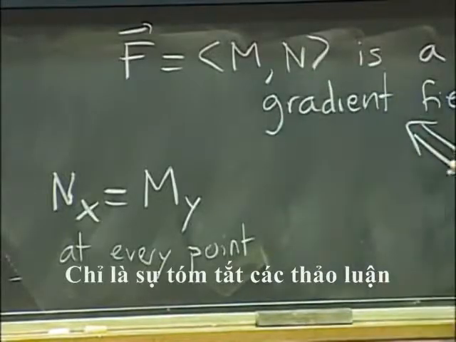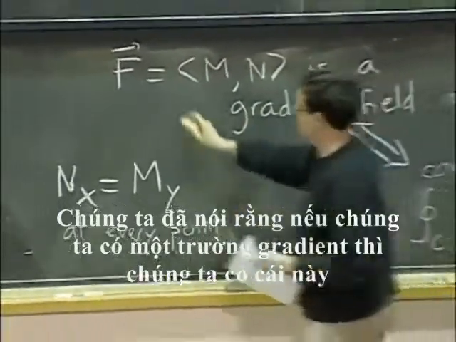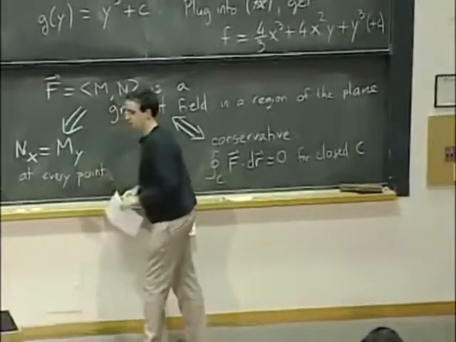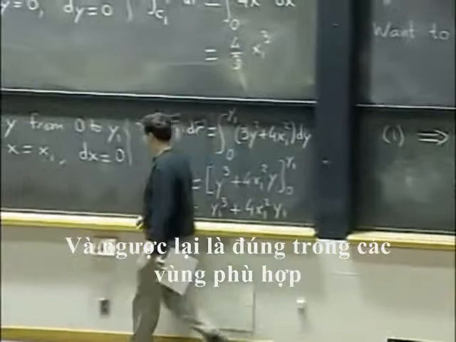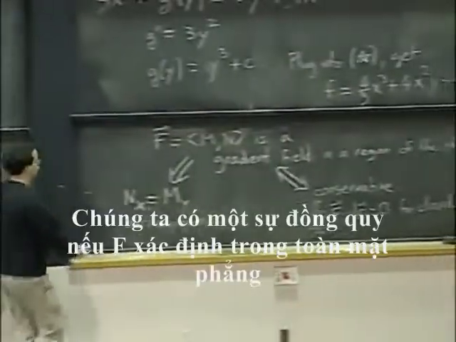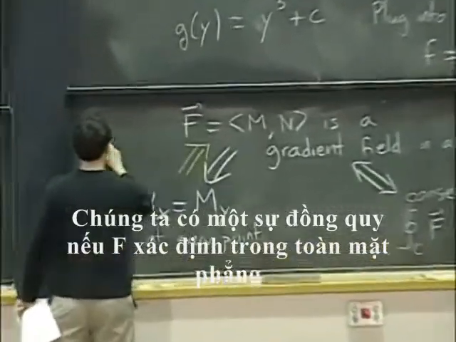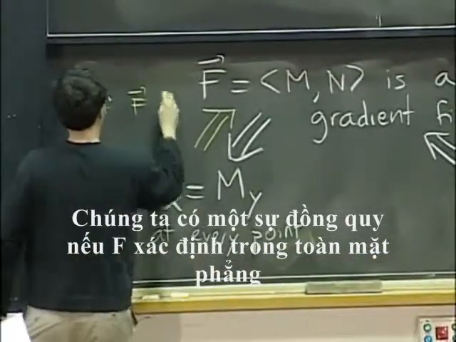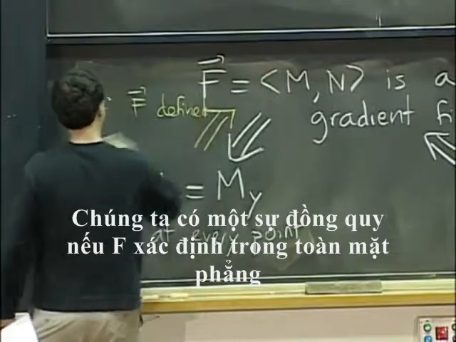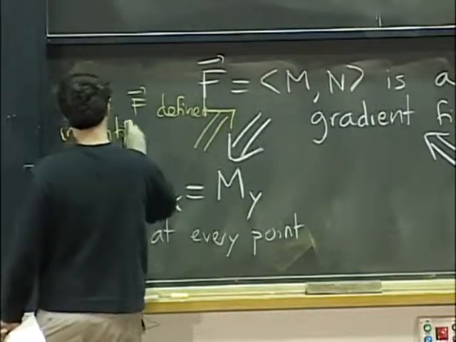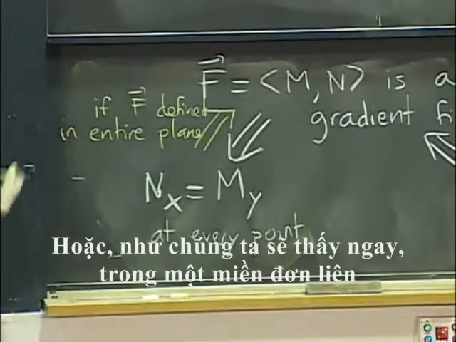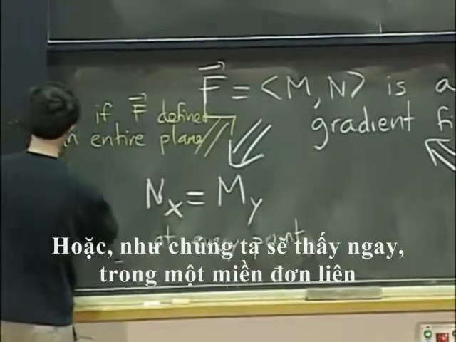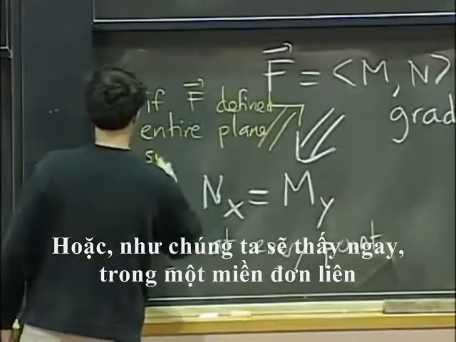Just to summarize the discussion, if we have a gradient field, then we have this. And the converse is true in suitable regions. We have the converse if f is defined in the entire plane, or, as we'll see soon, in a simply connected region.